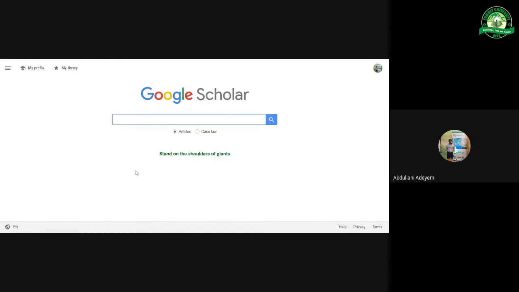So in no particular order, can anyone give us some of the keywords that you think can be used to search for articles on Google Scholar? Facial recognition, okay.